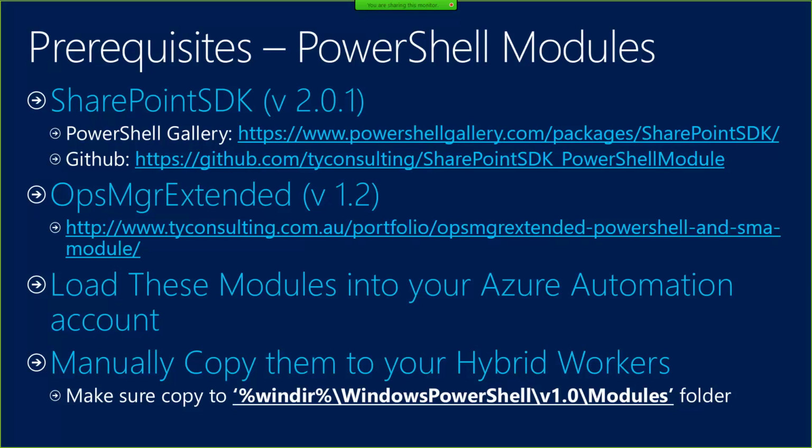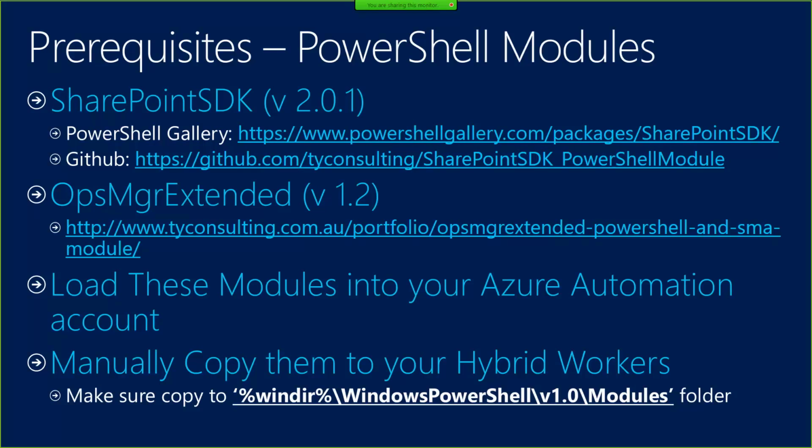When you copy the modules to the hybrid worker, please make sure you copy them to the C Windows PowerShell v1.0 modules folder, because I found that when a hybrid worker executes runbooks, the PS module path in that context is different from the one when you run your script manually.